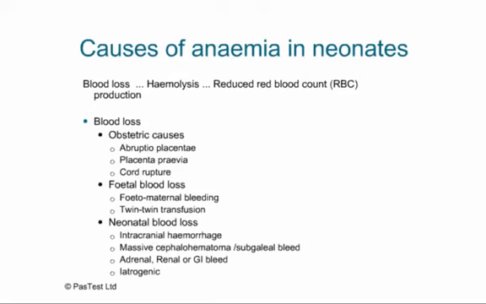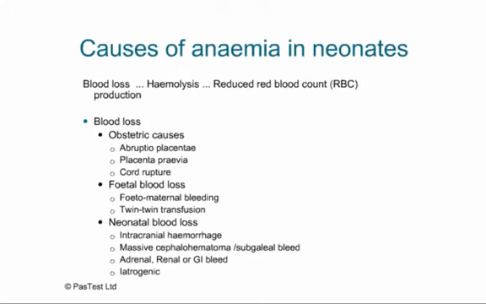So causes of blood loss again can be divided into obstetric causes such as abruptio placentae, placenta previa or cord rupture, or fetal blood loss where there's fetal-maternal bleeding or twin-to-twin transfusion, or finally neonatal blood loss such as intracranial hemorrhage, massive cephalohematomas or subgaleal bleeds, or adrenal, renal or GI bleeding, or finally iatrogenic.